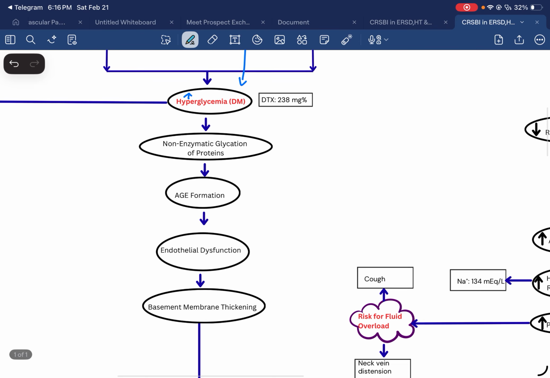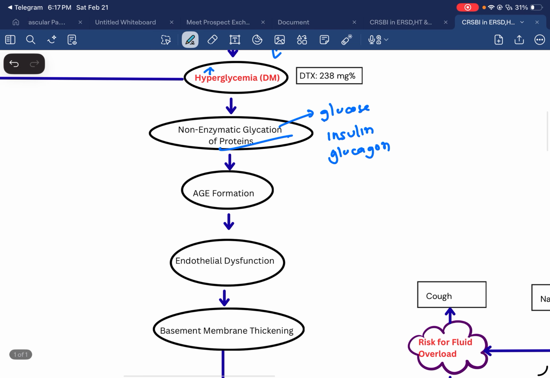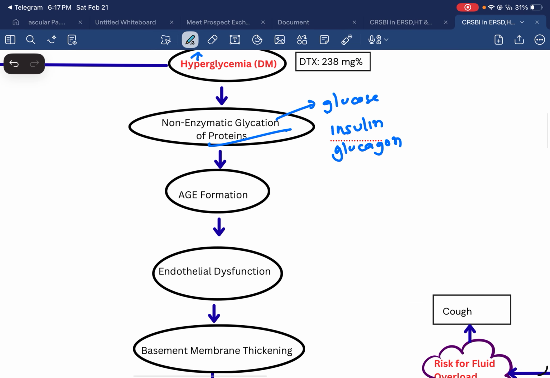And in hyperglycemia there is non-enzymatic glycation of proteins. This means usually the glucose binds to insulin and glucagon, but in hyperglycemia this glucose will bind to proteins, and there will be formation of AGE.